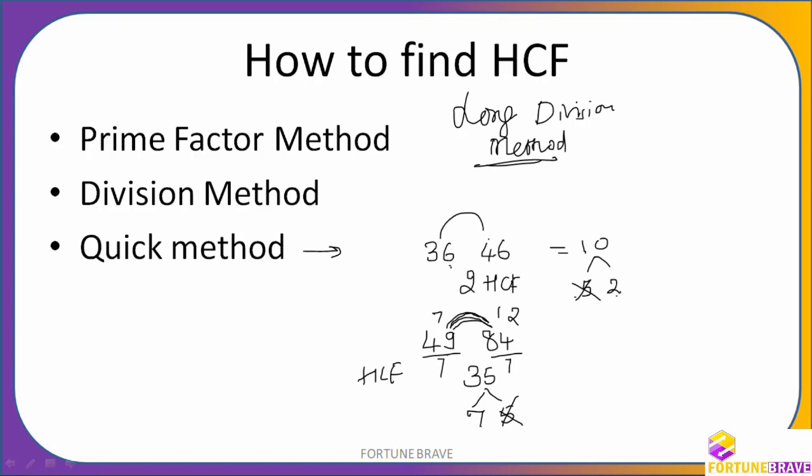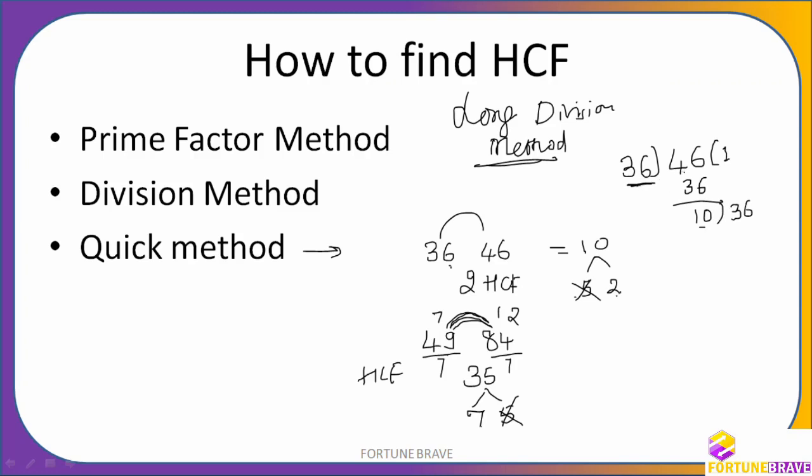Say for example, I have to find out the HCF of this. So 46, I will divide it by 36, not with the common factors like the division method, this is the long division method. 36 ones are 36. What is the remainder? Remainder is 10. Now please see carefully.